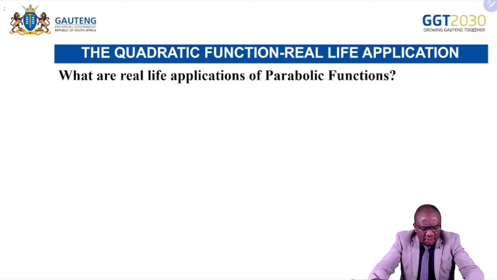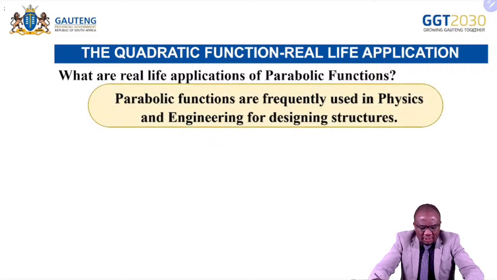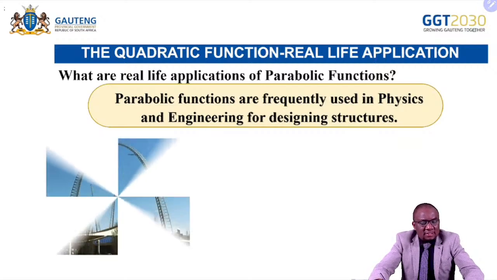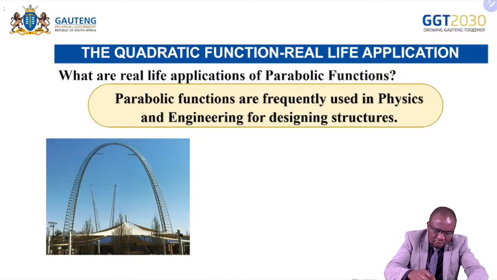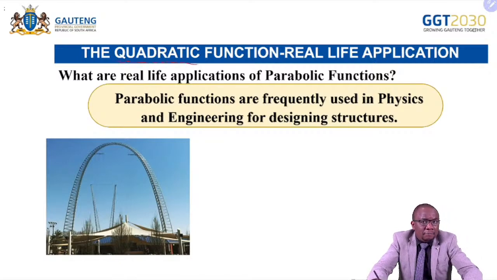Parabolic functions are frequently used in physics and engineering for designing structures. You see these structures that we have. They use mathematics. We have structures like this. This looks parabolic. Remember, quadratic functions are also called parabolas.